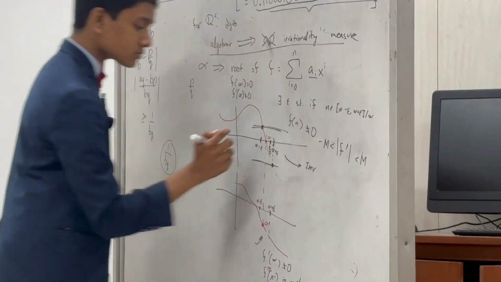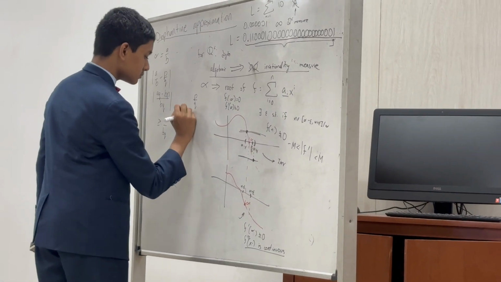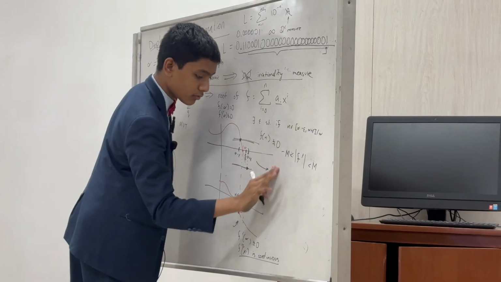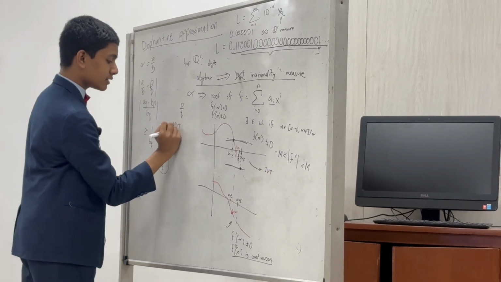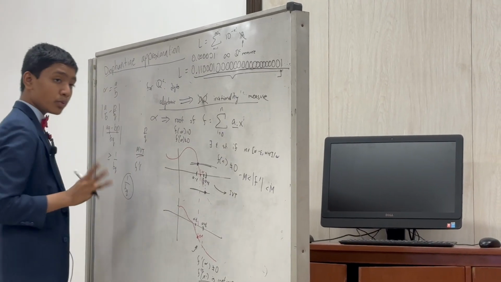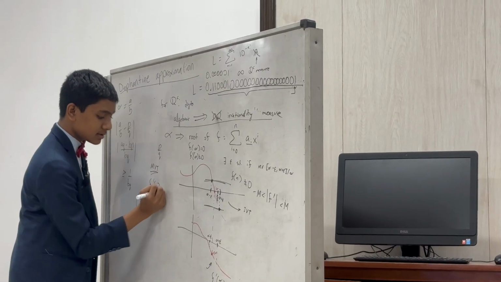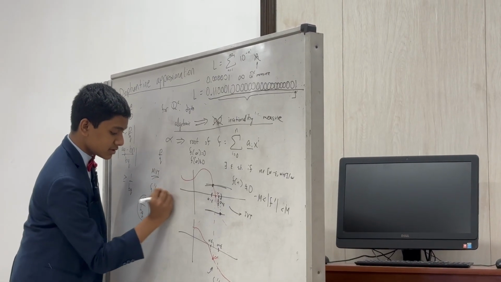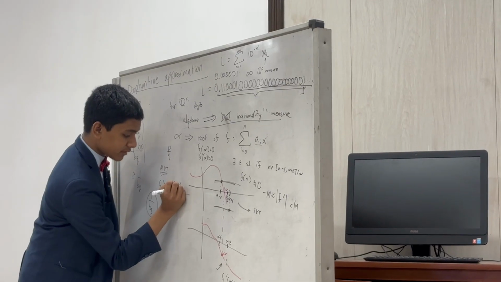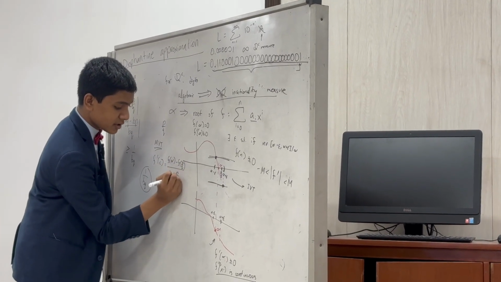Now, what I'm going to do is use the mean value theorem. The mean value theorem is going to tell us that at some point in the middle of alpha and p over q, let's call it c, this derivative is just going to be equal to f of alpha minus f of p over q divided by alpha minus p over q.